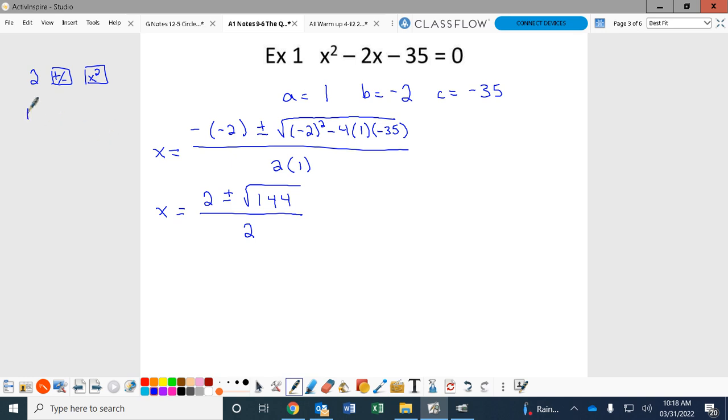Then it's going to be minus 4 times 1 times 35 negative, and then you hit equals. Everybody better? Did everybody get to 144 now? Try that. Make sure you can get there. Anybody have a question about typing that in? Anything about it?